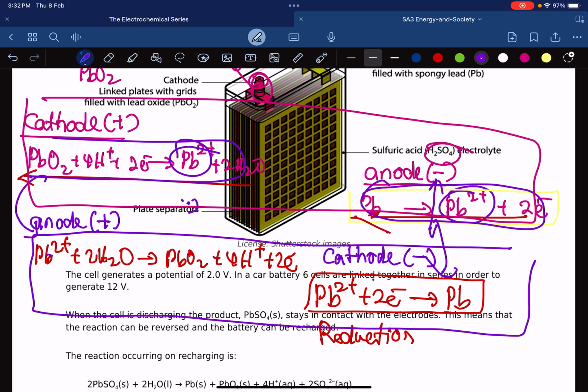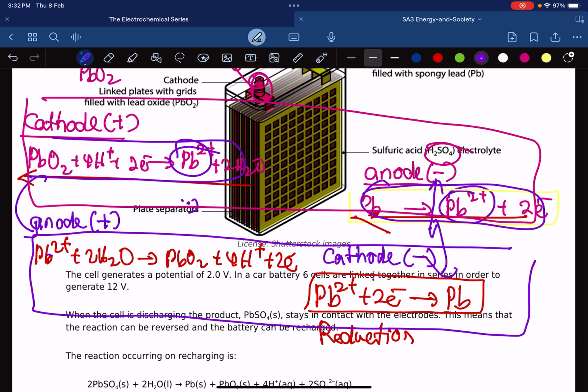If your phone is not connected to a power source, it is acting as a galvanic or electrochemical cell. It's producing electricity. The moment you connect it to a power source, it behaves like an electrolytic cell. All the chemicals that underwent oxidation are now undergoing reduction. All those chemicals that underwent reduction initially are now undergoing oxidation.